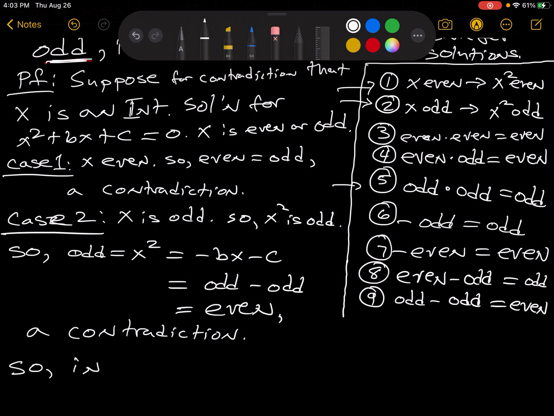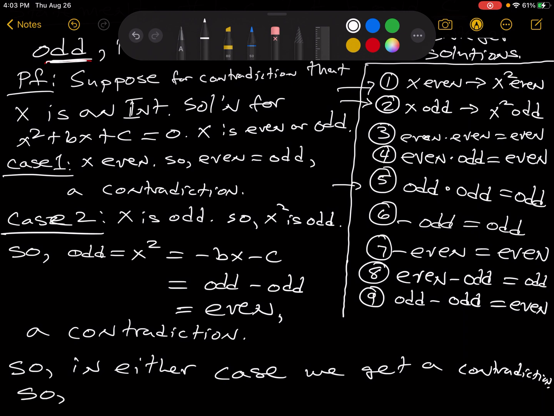So, in either case, we get a contradiction. So our original supposition must be false. So x cannot be an integer solution.